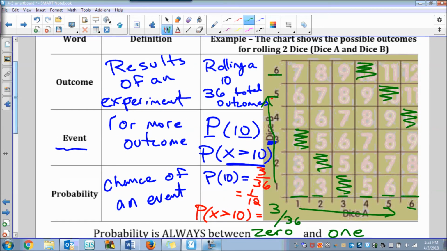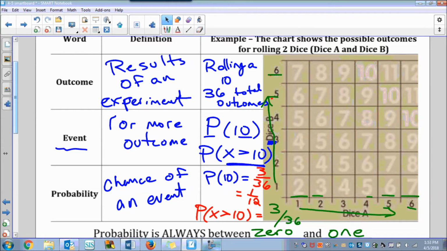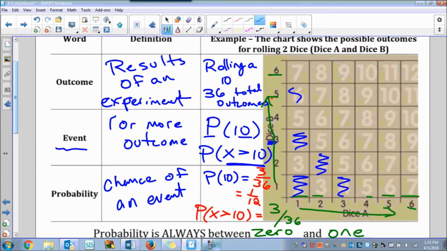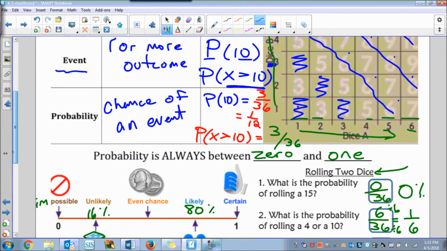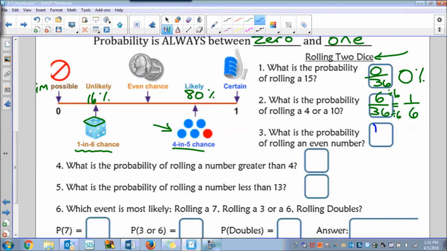What is the probability that we roll an even number? I'm going to count up all of the possible even numbers. That's 2, 4, 6, 8, 10, and 12. That's 18 options that are even, out of the total of 36 options.